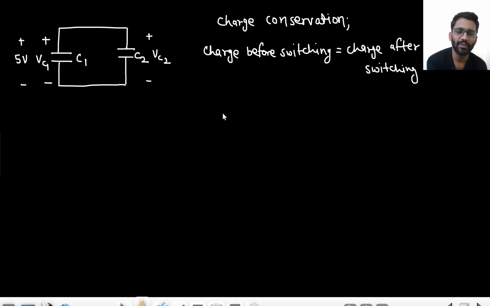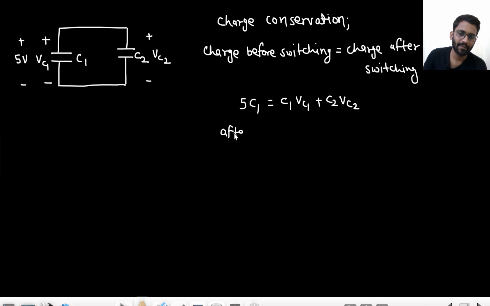What was the charge before switching? It was C1 into 5. What will be the charge after switching? After switching, both of the capacitors have to have one single voltage, right? After switching, VC1 has to be equal to VC2, right? So C1 VC1 I will write plus C2 VC2 I will write.